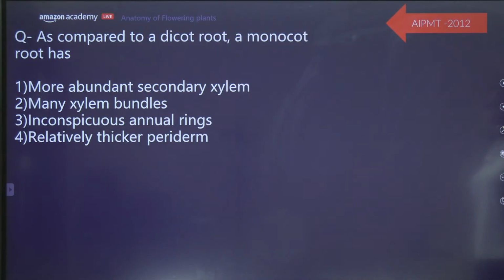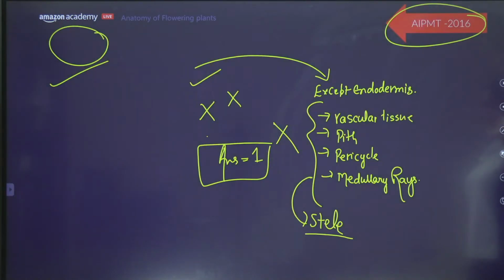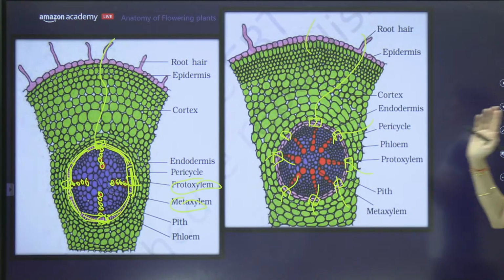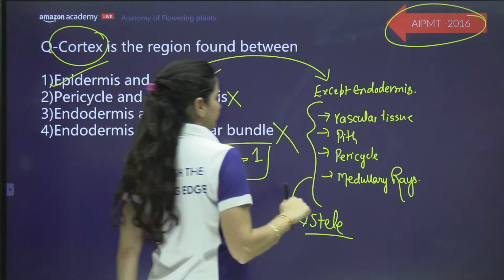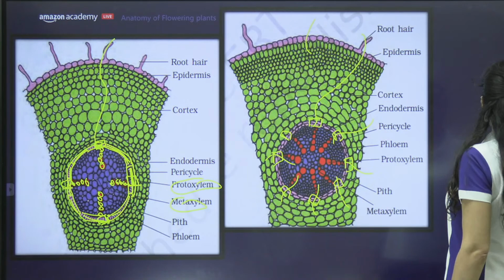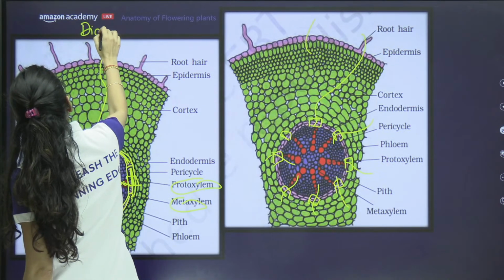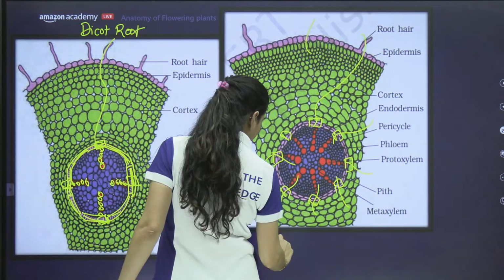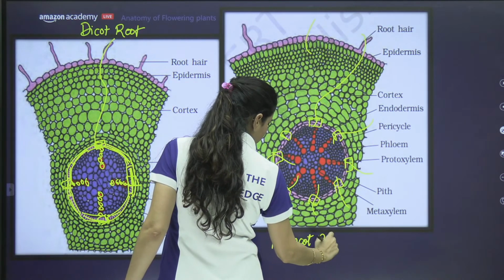You have just seen the picture before. This is your dicot root and monocot root. Now, what do you think is the major difference? This is on one hand side. This is your dicot. This is your dicot root, and on the other hand side, this one is your monocot root.